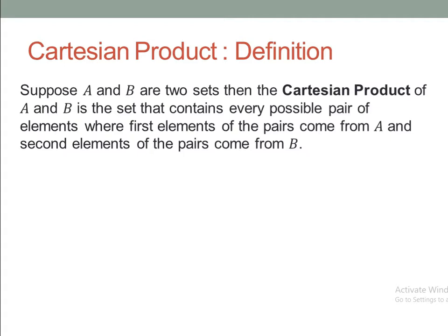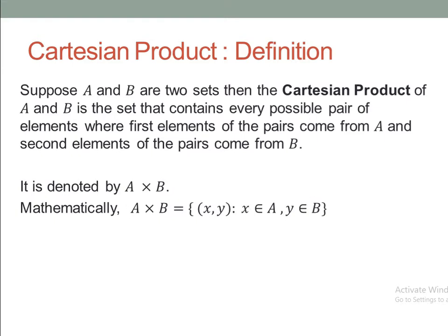Suppose A and B are two sets, then the Cartesian product of A and B is the set that contains every possible pair of elements where first elements of the pairs come from A and second elements of the pairs come from B. The Cartesian product of A and B is denoted by A cross B. A cross B is equal to (x, y) such that x belongs to A and y belongs to B. That is, (x, y) is a pair.